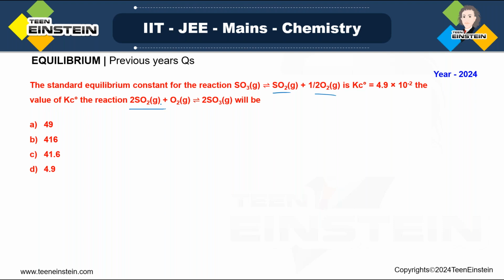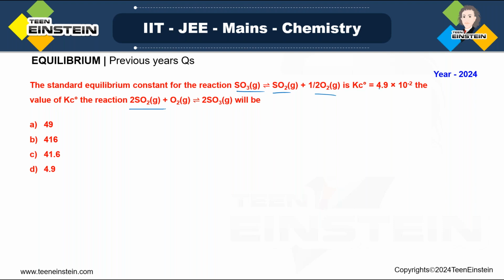What is the similarity? If you look at the first reaction, it is decomposition of sulfur trioxide to sulfur dioxide and half oxygen. But the second reaction is basically the opposite reaction. And it is not just the opposite reaction, there is also a change in the coefficient, right?